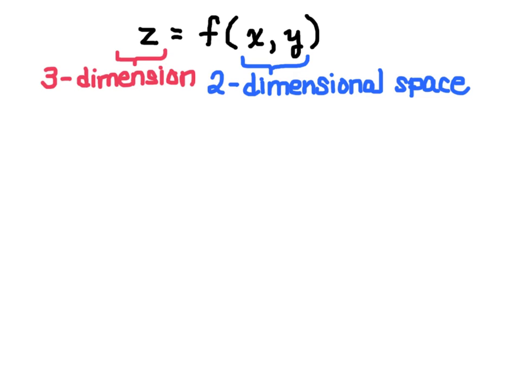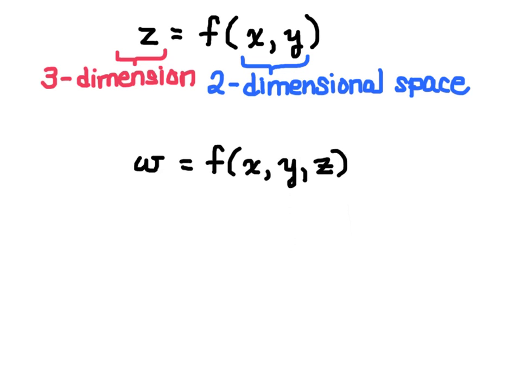If our function is a function with three input variables, we generally use x, y, and z. And we have our range be a different variable, let's say w.